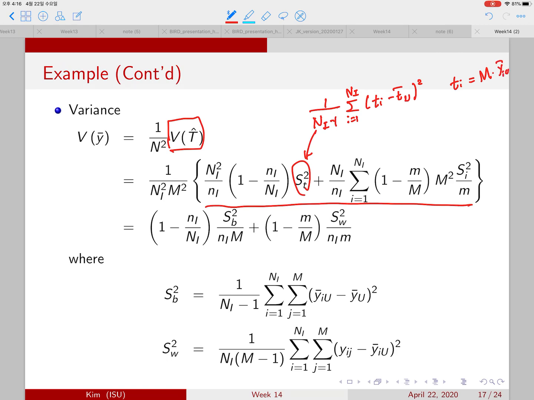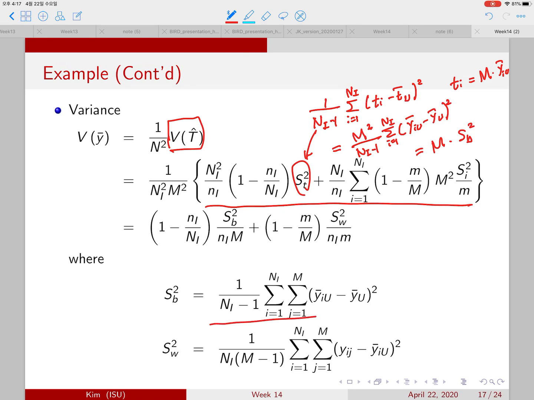And M_i are all equal. So we can write it as M squared times the sum over y bar_iU minus y bar U, divided by N minus 1, something like that. And then this one is M times S_B squared.